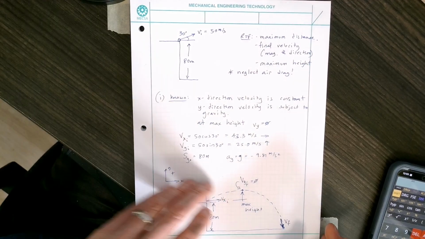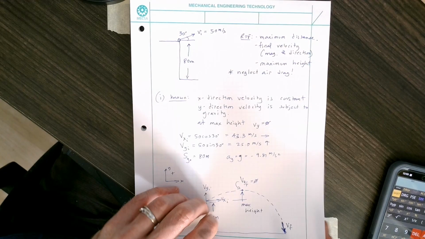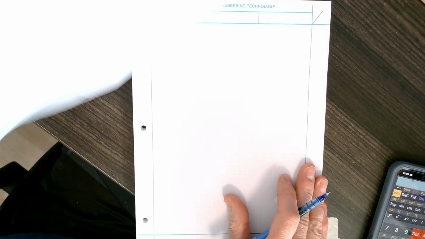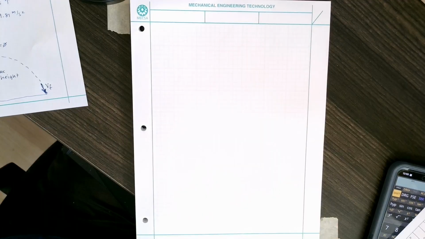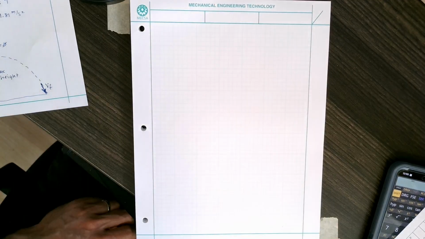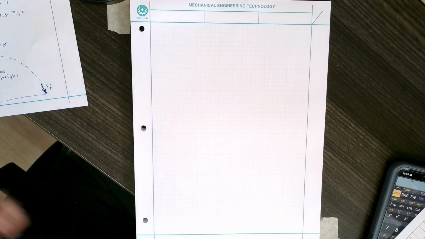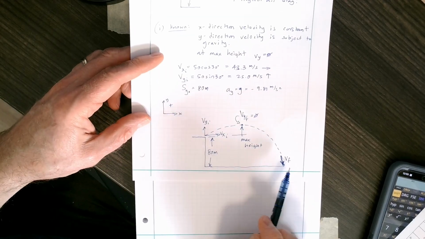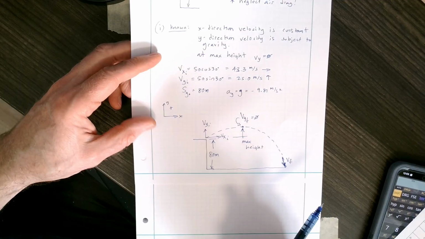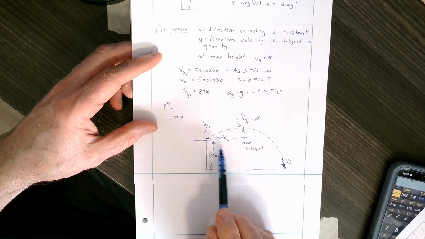Let's go ahead and answer one of the questions. It doesn't matter which order you do it in. Well, here's the thing. I'm going to come back to this here, before I abandon this page. Vx does not diminish.